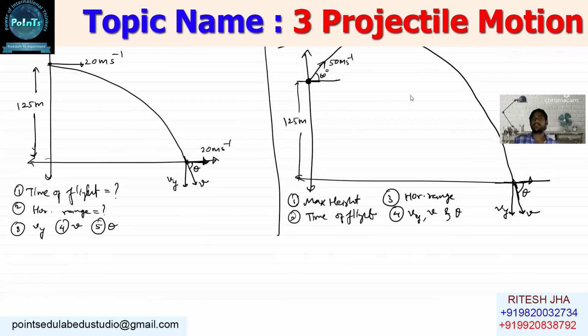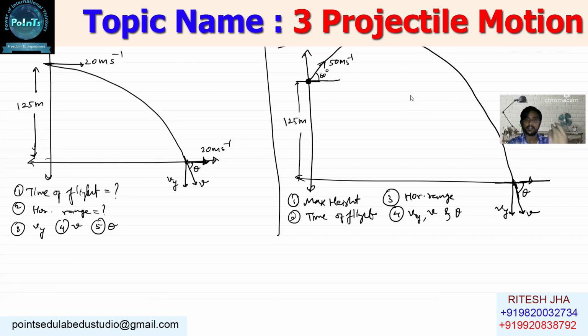The second question is basically the combination of the first question we did and this one. This one is from this particular height, 125 meter, and then hitting the ground. And this one is from 125 meter only, but launched upward with that same speed which we saw in the very first example, 50 meter per second and 60 degree.